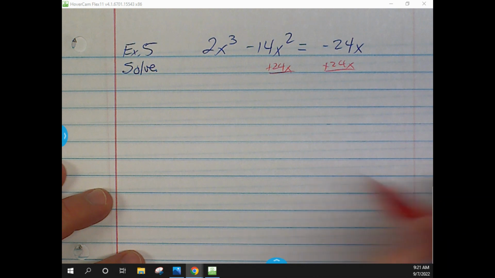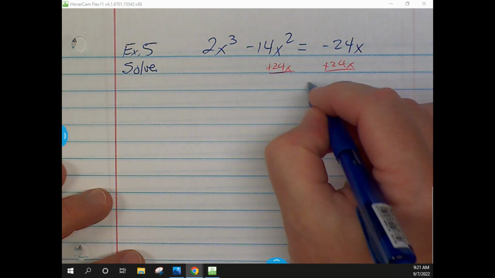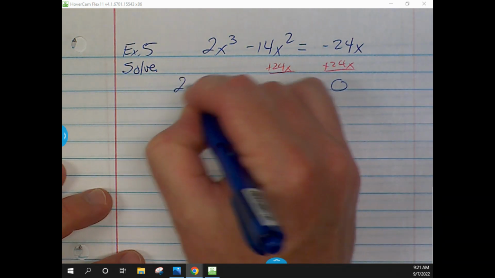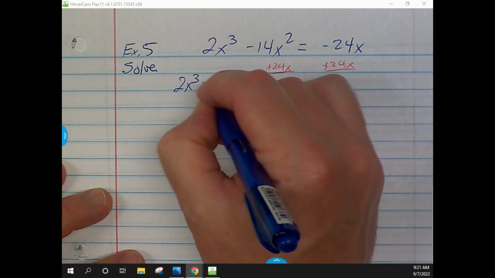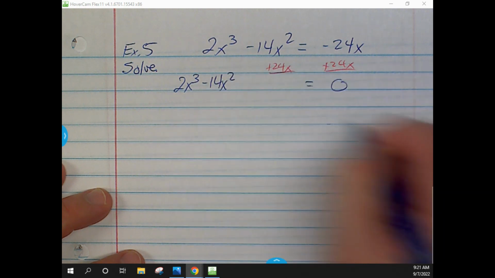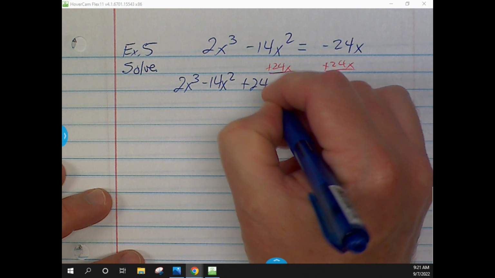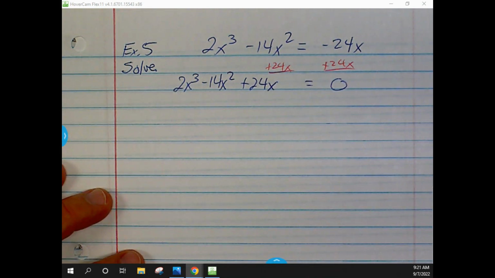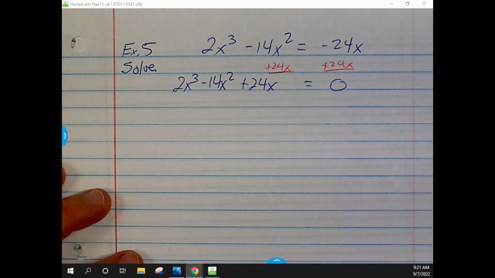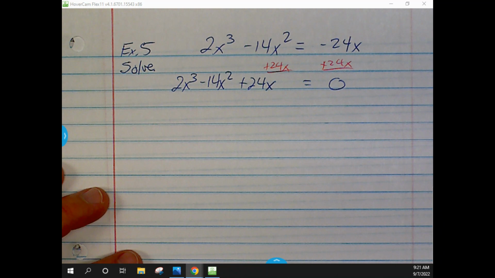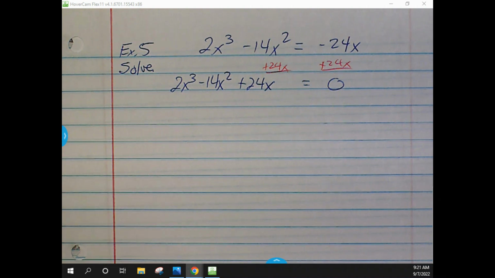So I'm going to add a number back over here so it does equal 0. We got 2x to the third minus 14x squared plus 24x. Okay, we've only got 3 terms on the left-hand side, so we're doing the 3 terms.